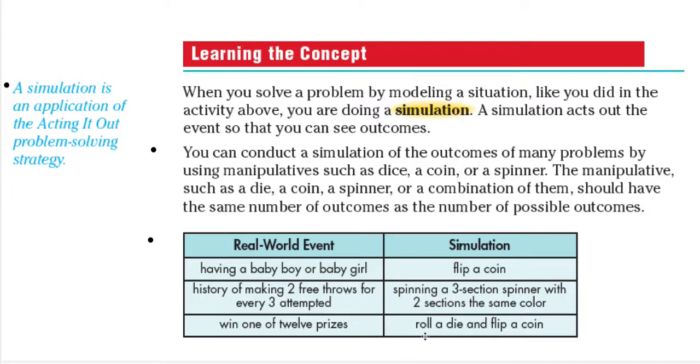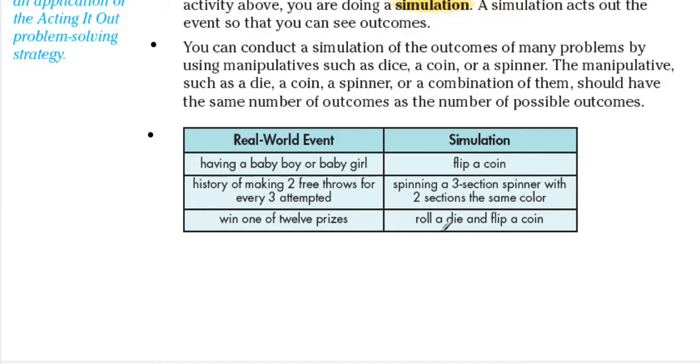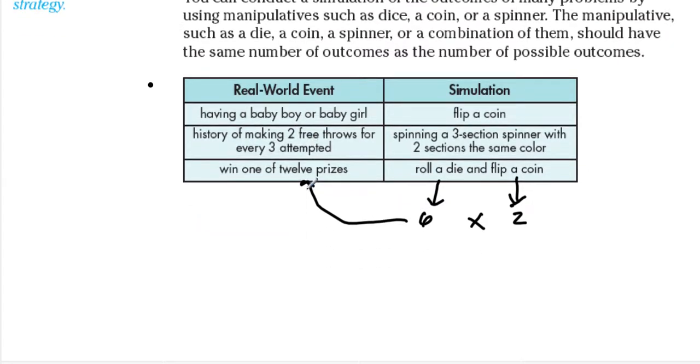Multiply that according to the fundamental counting principle. 6 times 2 will give you 12, and that's how you get your 12 prizes. So those are manipulatives that you can use to find the probability of real world events.